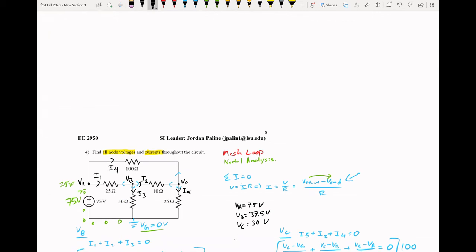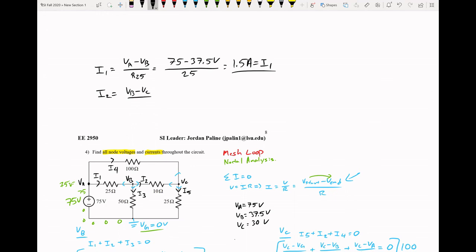So if we look at I1, so I1 is gonna be equal to V of A minus V of B over R25, which will just give us V of A. So it was 75. V of B we found was 37.5 volts. R25, so that would give us 1.5 amps for I1. Then for I2, that would be V of B minus V of C over R10.